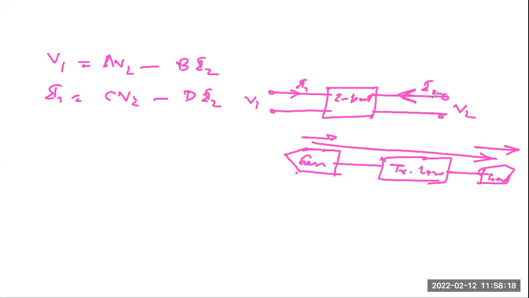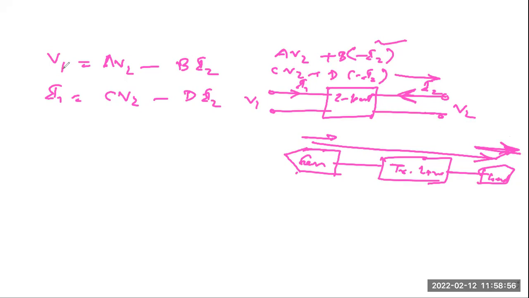But in the transmission line, the current is actually going in the outside direction. So what has to be done? This I2 will be taken as minus I2. So the actual equation is AV2 plus B into minus I2, and then CV2 plus D into minus I2. This minus I2 comes because of this particular explanation.